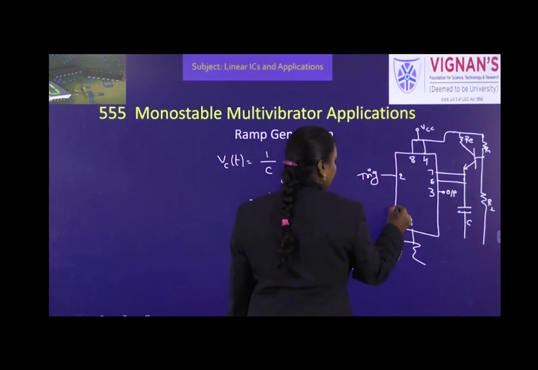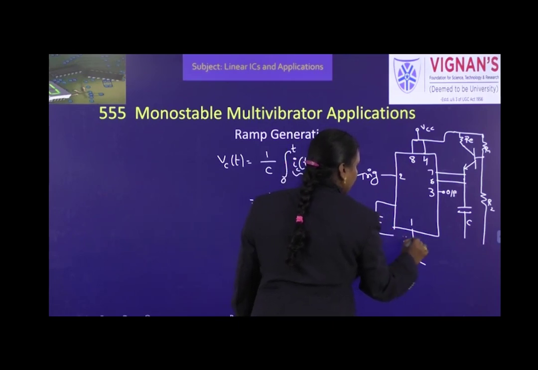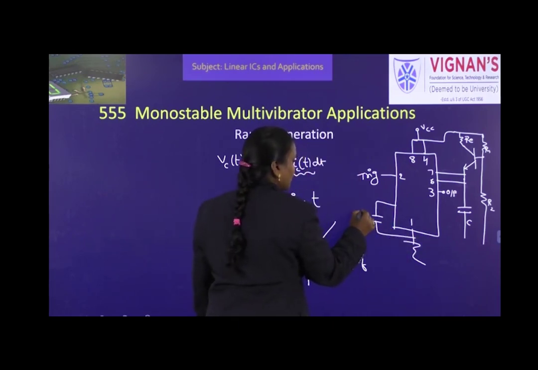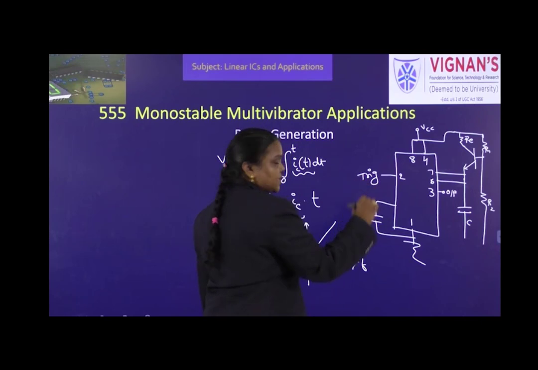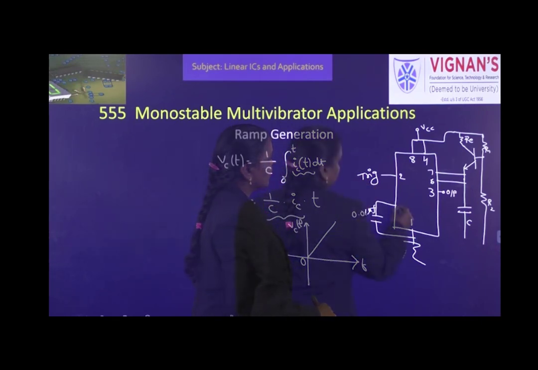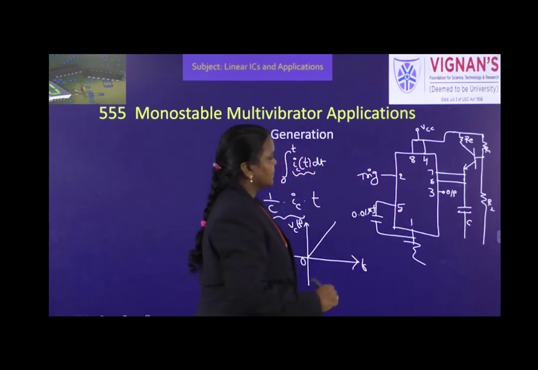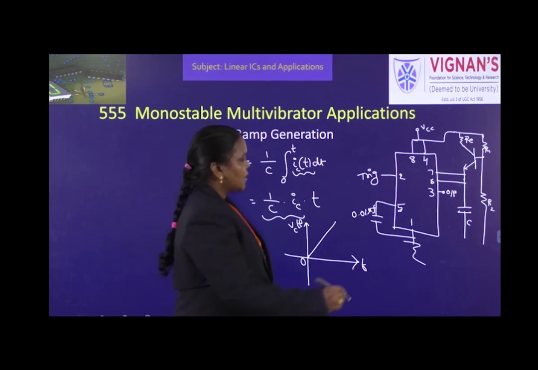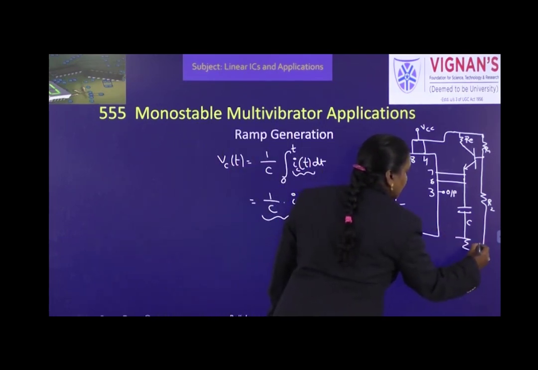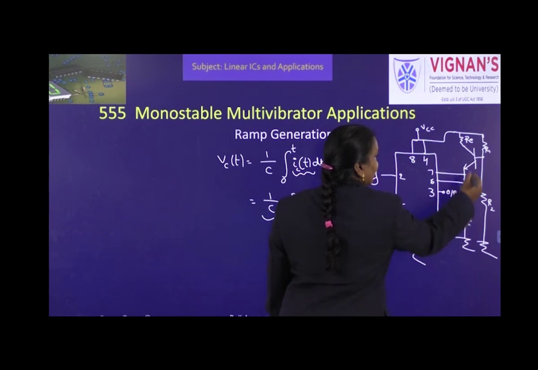First pin is connected to ground, and pin 5 is connected to ground through a 0.01 microfarad capacitor to bypass the supply ripples. Now here this capacitor is charged through a constant current source.